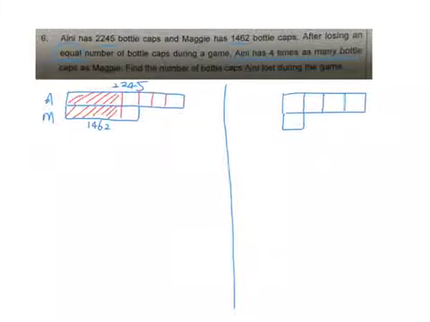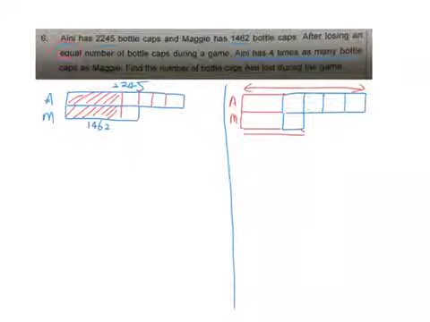But this piece of information is not totally useful. We need to also add in the part that says equal number. So if Aini lost this much, Maggie would have lost the same number. Aini, Maggie, and then you can label your model. You should be able to find your answer.